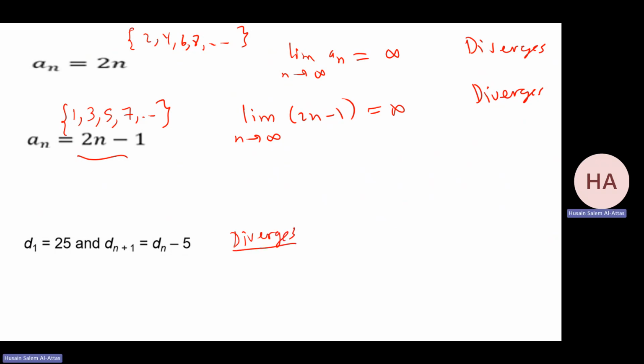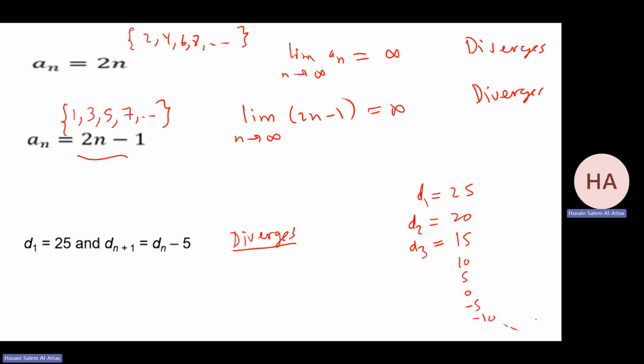How to explain it? You have d1 equal 25, d2 will be 20, d3 will be 15, then 10, 5, 0, minus 5, minus 10, and so on.